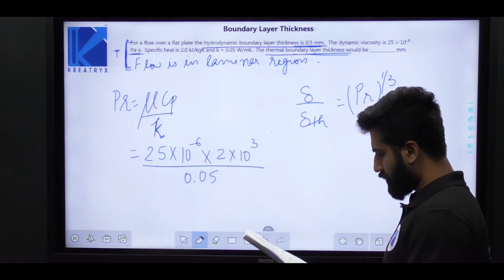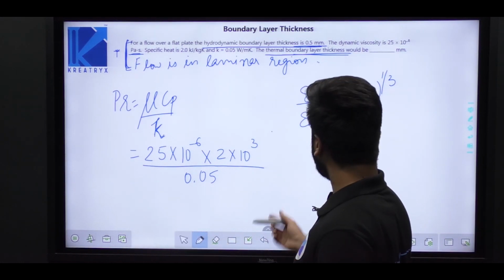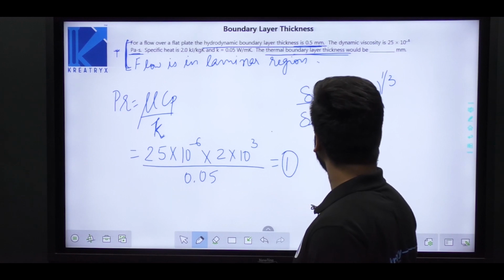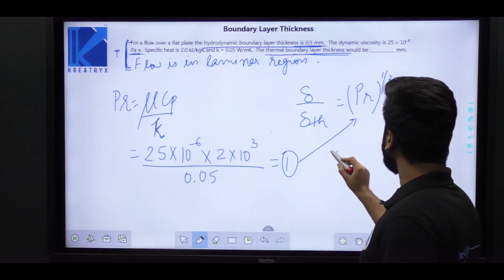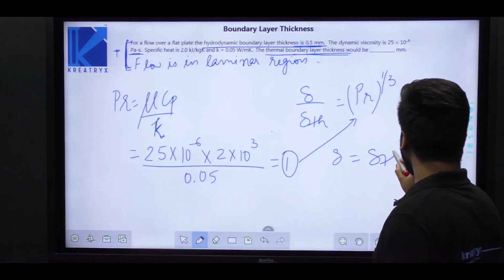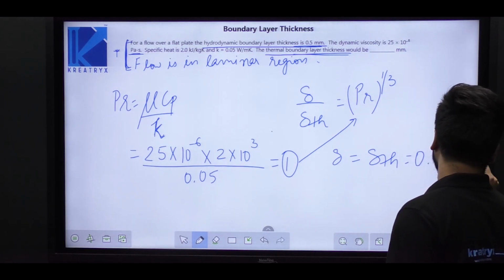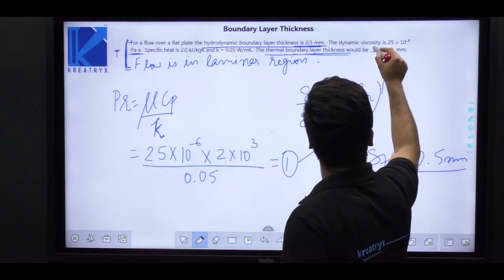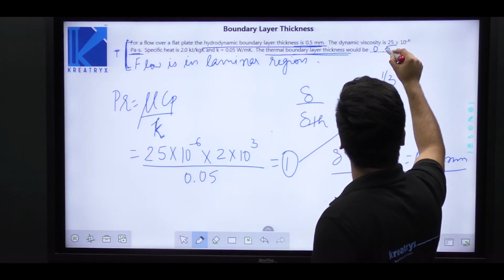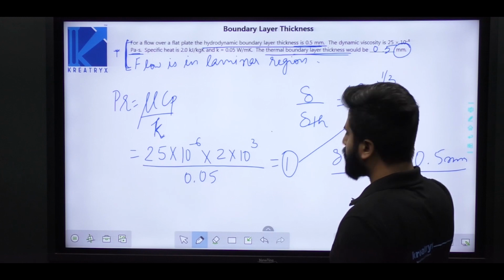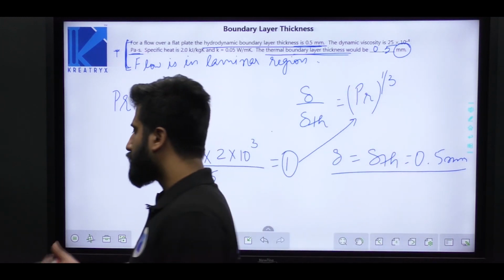So when you solve this, you get Prandtl number is equal to 1. Wow. So that means in this case, delta is equal to delta thermal, which is equal to 0.5 mm. Right. The answer is 0.5 mm. Do check the units before filling the answer.